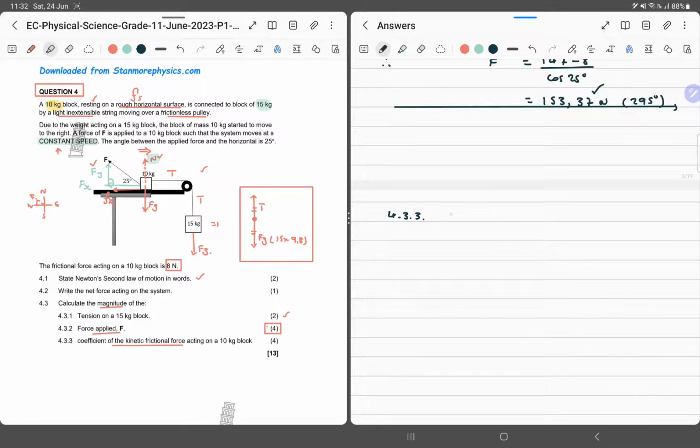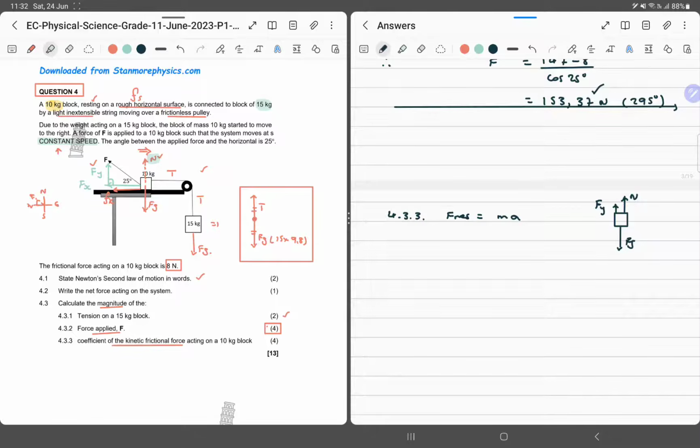We know for a fact that the vertical forces are in this manner. We know that Fres is equal to ma for the 10 kg block. The 10 kg block has got its weight down, and then it has got the normal force up, and then it's got the vertical component of that force.